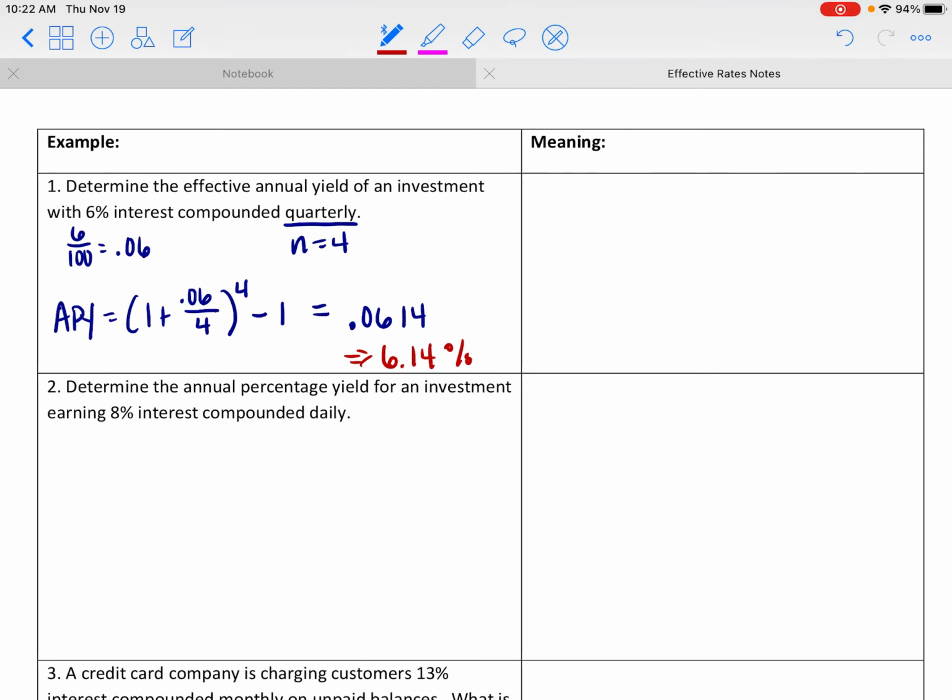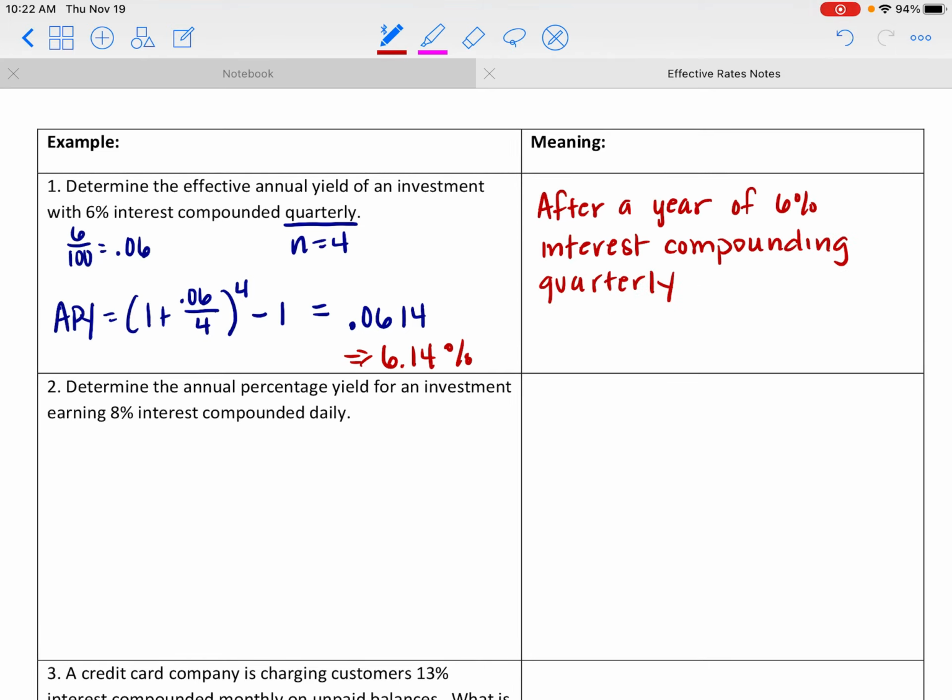All right, so the meaning is after a year of 6% interest compounding quarterly, there's actually a 6.14% overall gain.